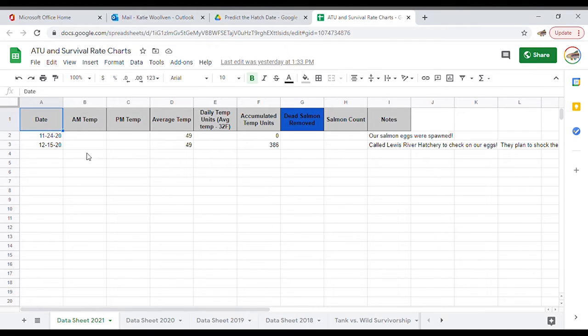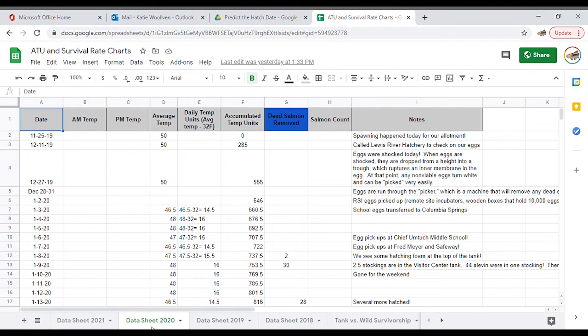Our temperature units on 11/24 when they're spawned are 0. So they haven't experienced any heat. They have not reached any developmental milestones. When I called on December 15th, water temperature is still at 49, and now we've accumulated 386 temperature units.